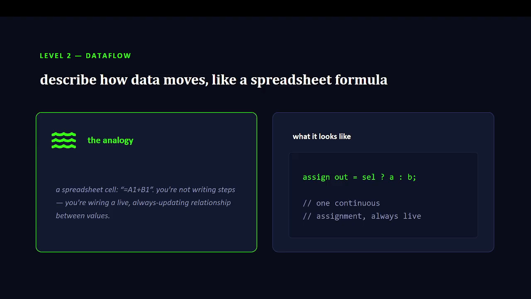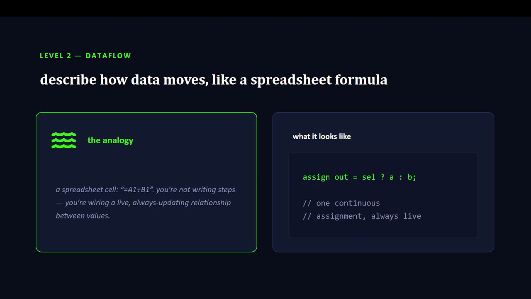The moment current changes, voltage changes with it, instantly, continuously, forever, as long as the circuit is powered. That's precisely the mental model for data flow Verilog. Look at the code: assign out = sel ? a : b.